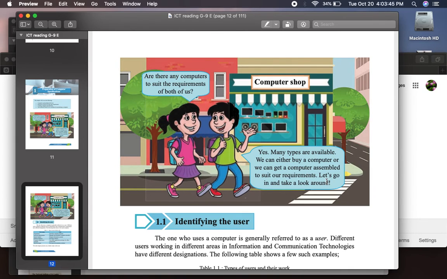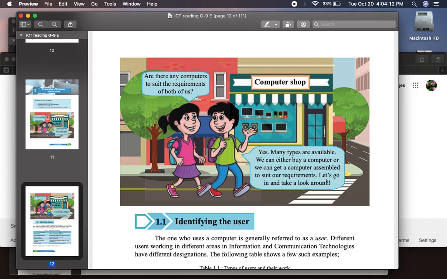Now, why is this important? Whenever you do something, you need to think about what you're going to do and what your requirements are going to be. It's the same with buying a computer. Different people may have different requirements, as seen with the girl and the boy.